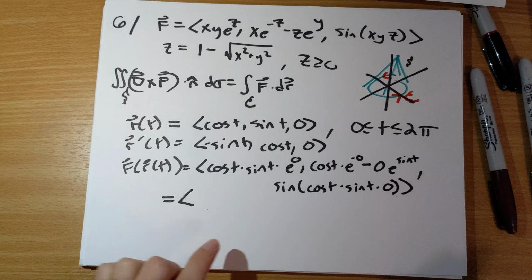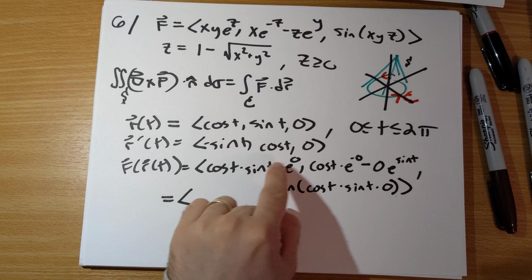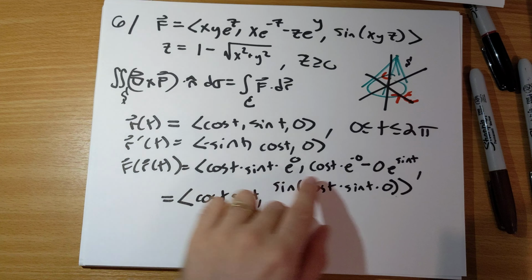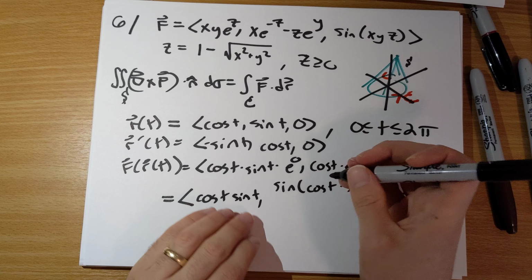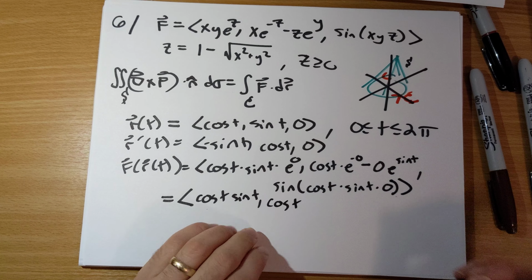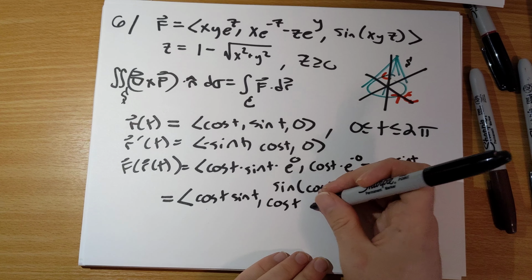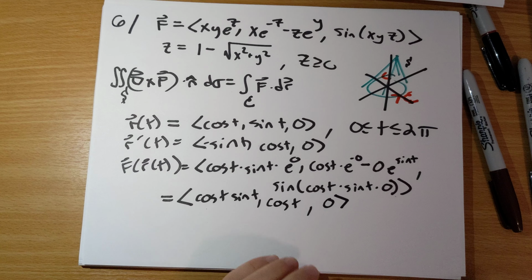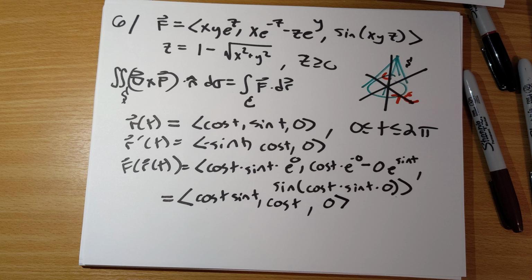So this simplifies down a lot here: cosine t, sine t, e to the 0 is 1, cosine t times 1 minus 0 times who cares, and then sine of 0 is 0.